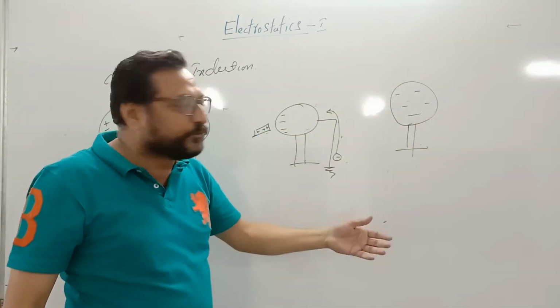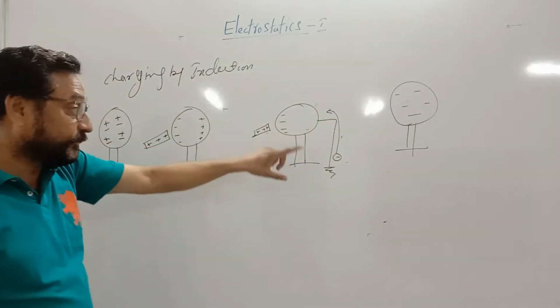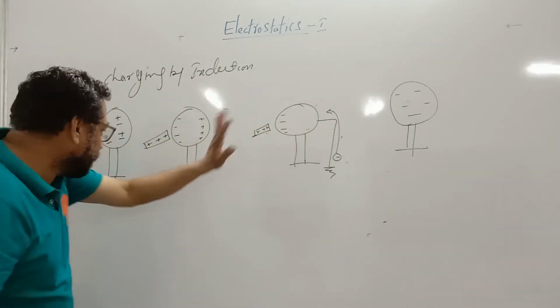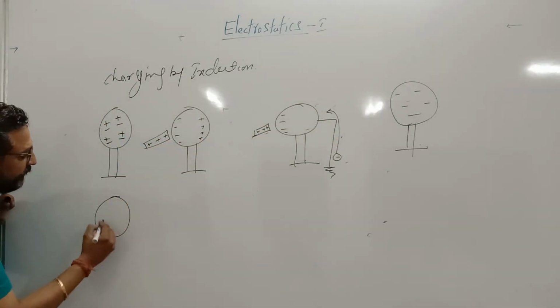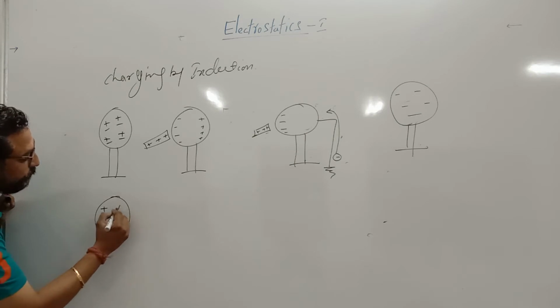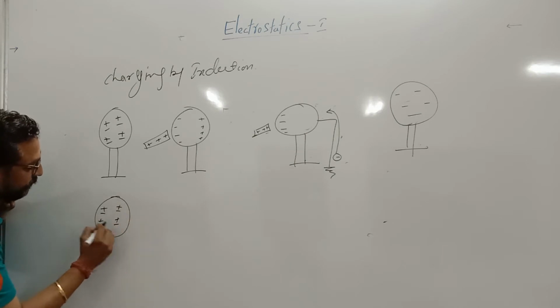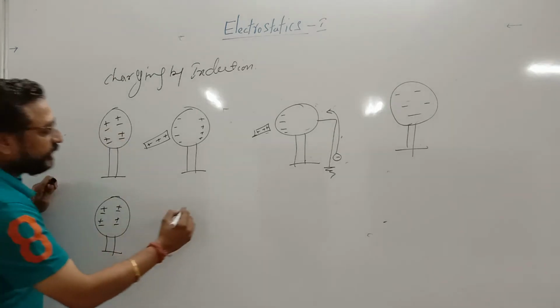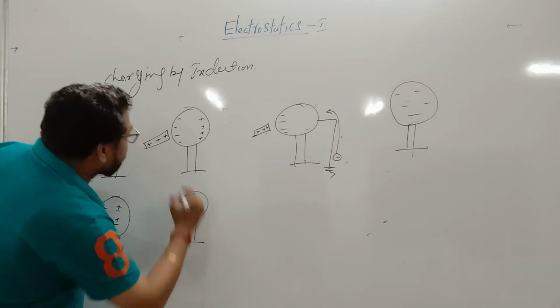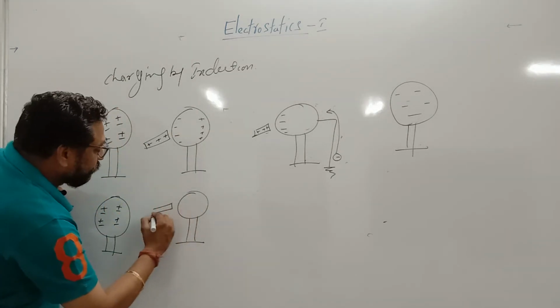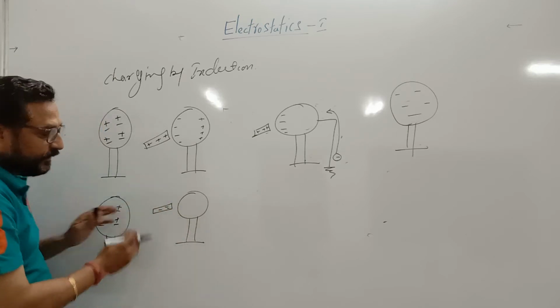Similarly, when we go towards the positive, what is the concept? That concept is another very important one. See, same diagram, positive and negative, similar numbers. In the second diagram, we bring a negatively charged plate nearby.